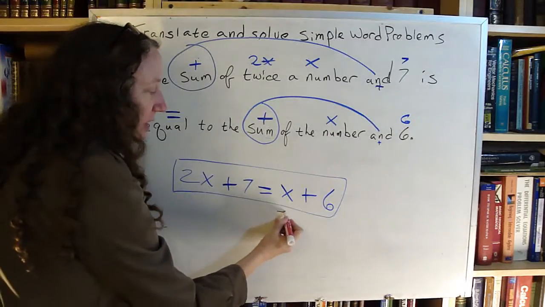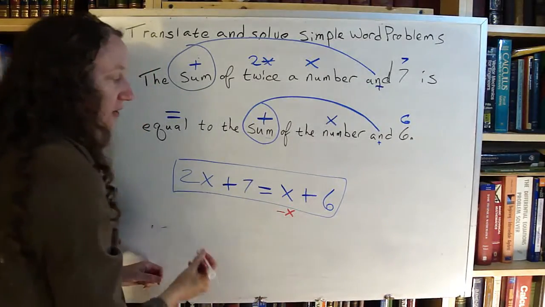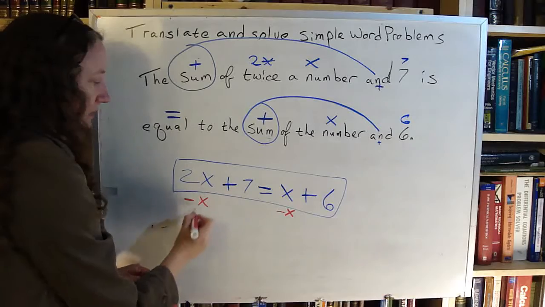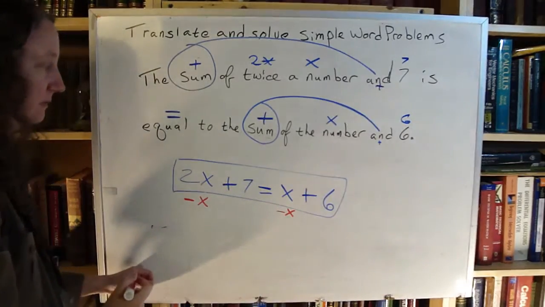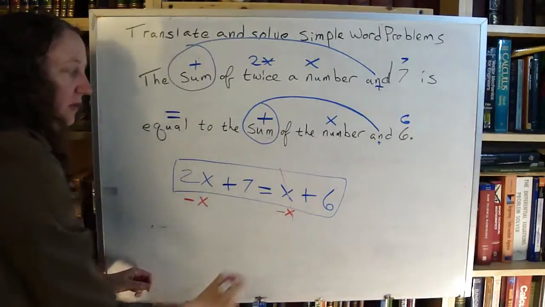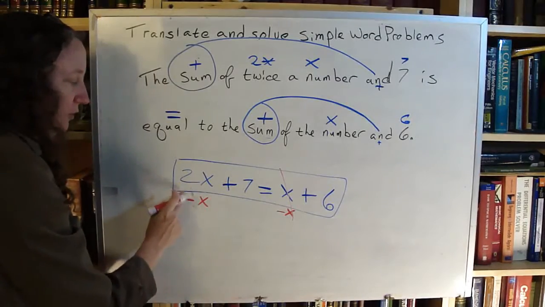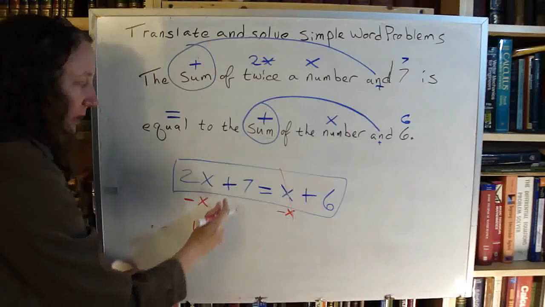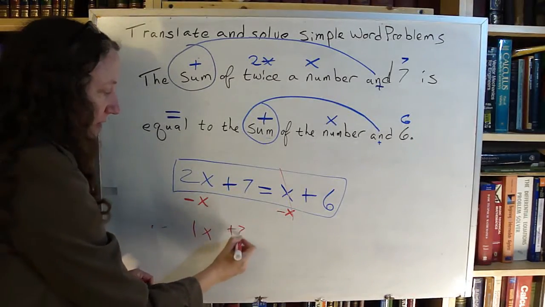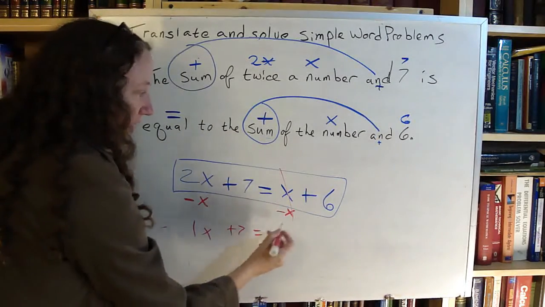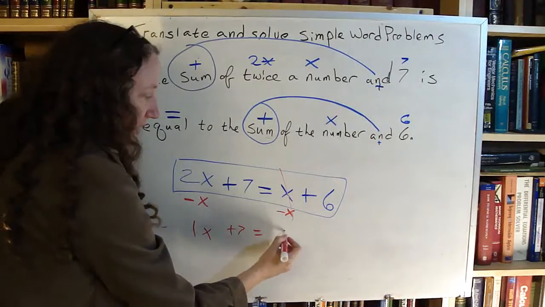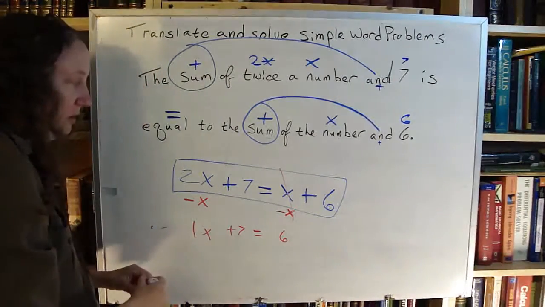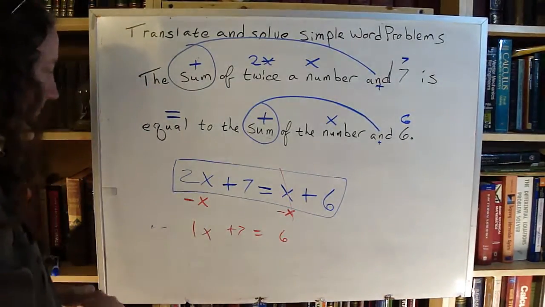So I'm going to subtract the x from there over to here. Those x's cancel out. I have 2 minus an understood 1 is 1x. Carry down my plus 7. Carry down my equal sign. Carry down my positive 6. I no longer need to write that plus sign.